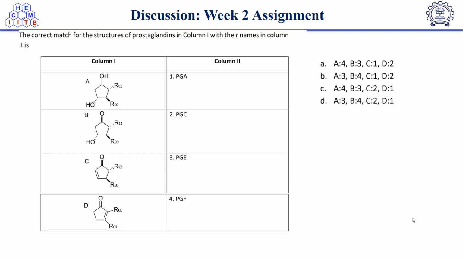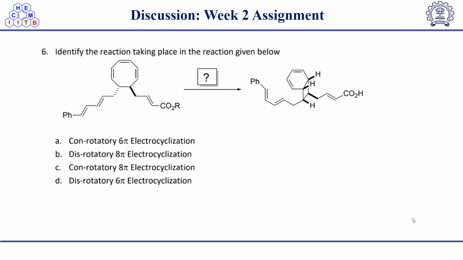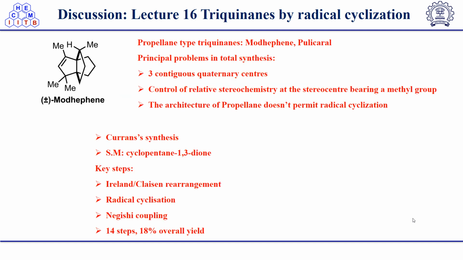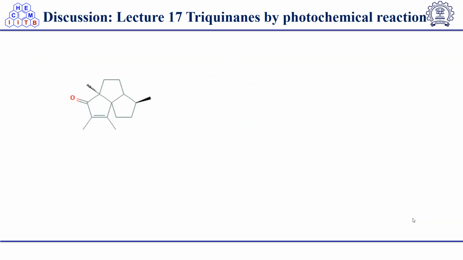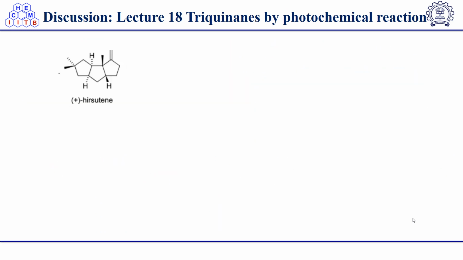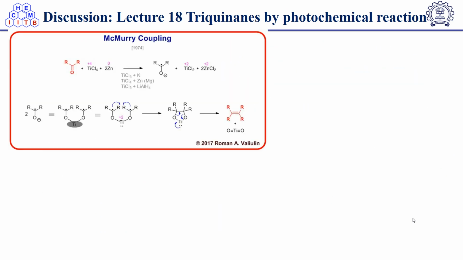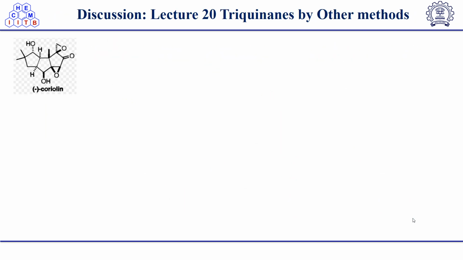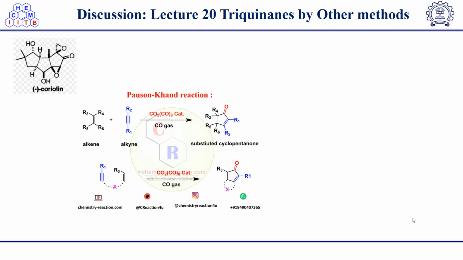These are some of the questions which we have discussed previously, other than the assignment questions. Then other triquinanes by radical cyclization, then triquinanes by photochemical reaction, and several methods to construct the triquinane core skeleton. Then triquinanes by thermal metathesis, where we saw the famous Mehta's approach for the construction of triquinanes.